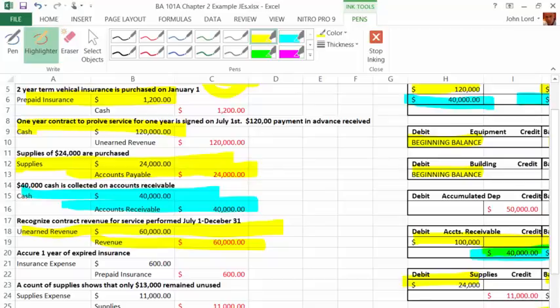So 600 of that has expired. If it has expired, we take an expense for that, don't we? And I'm doing the annoying emphasis on the similarity between those words, right? Okay, so we go ahead and we debit the insurance expense now because 600 of that asset has expired.